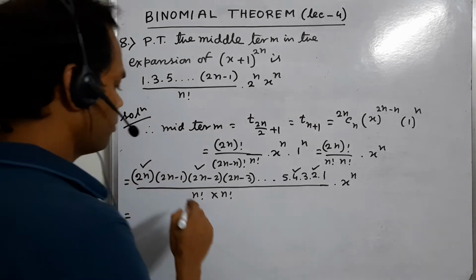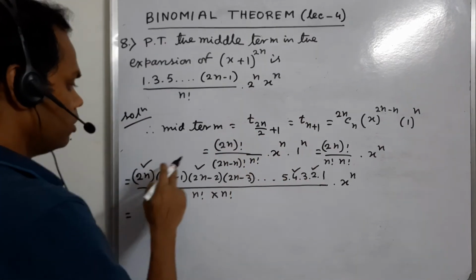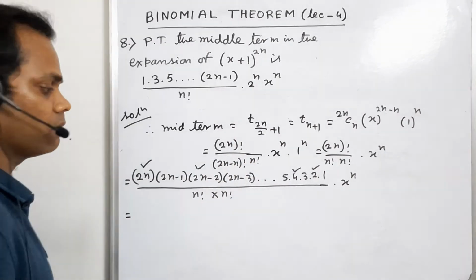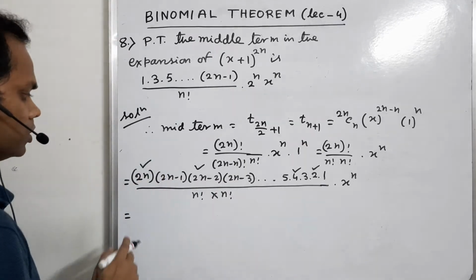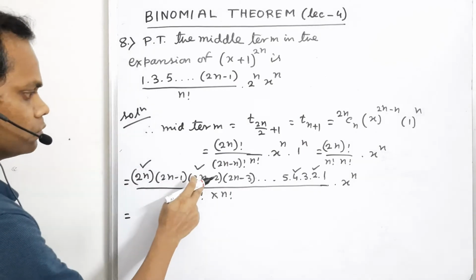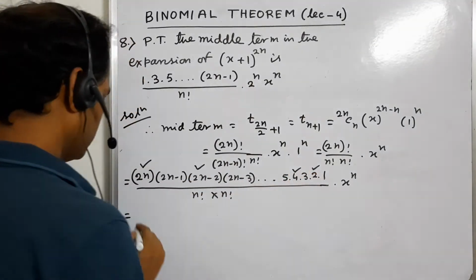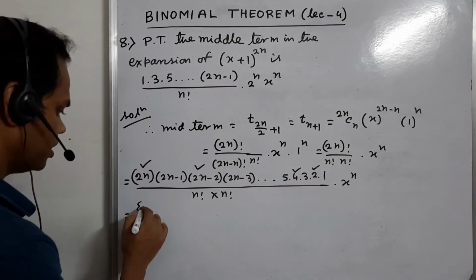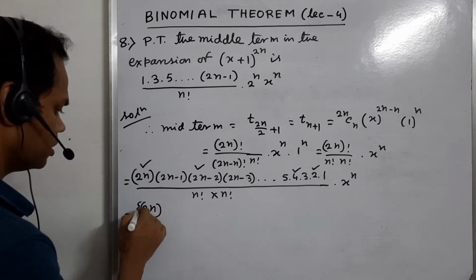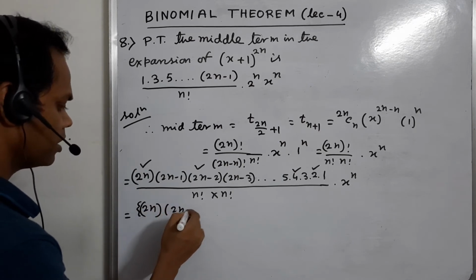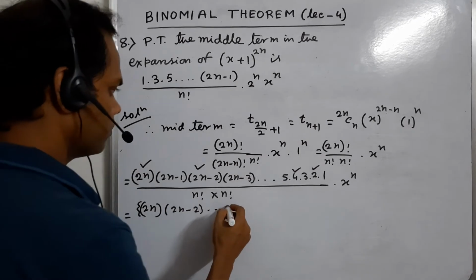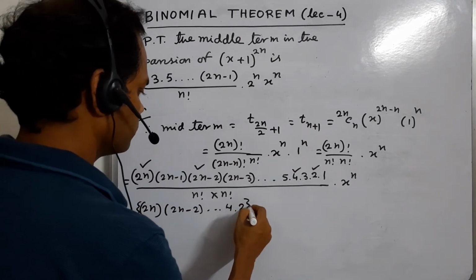So from all the even numbers, if we take 2 common, there is 2, there is 2, there is 2. If we write the even numbers together, then 2n, 2n minus 2, and so on, 4 into 2.